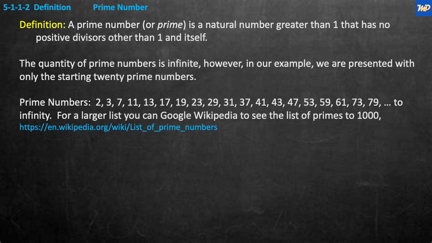Okay, so as we're moving through this, we've got a definition of a prime number to look at. A prime number, or a prime, is a natural number greater than 1 that has no positive divisors other than 1 and itself. The quantity of prime numbers is infinite. However, in our example, we are presented with only the starting 20 prime numbers.